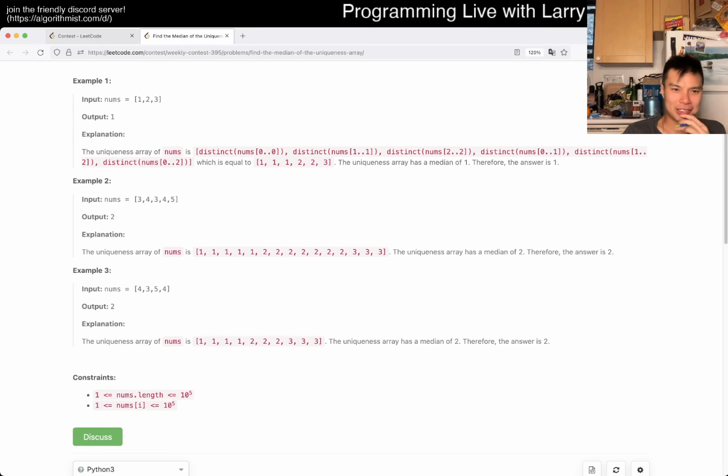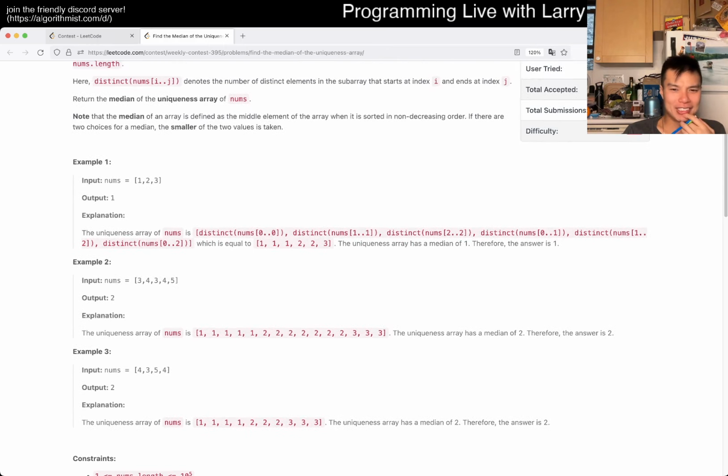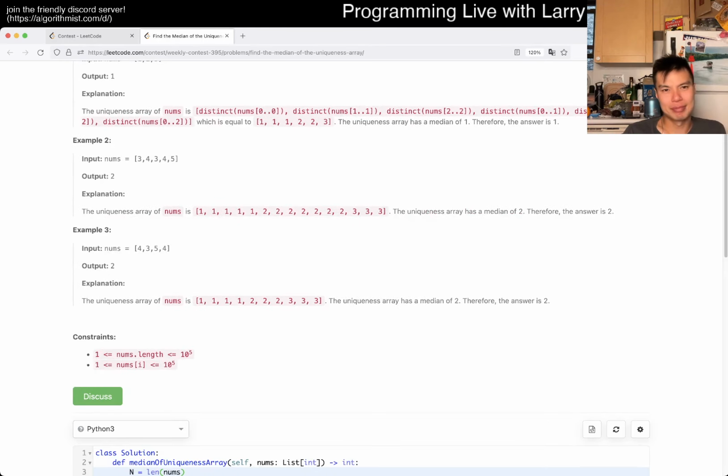If this is a segment tree problem, I'm going to be sad. Divide and conquer? Is there divide and conquer? Divide and conquer does let you get the median.